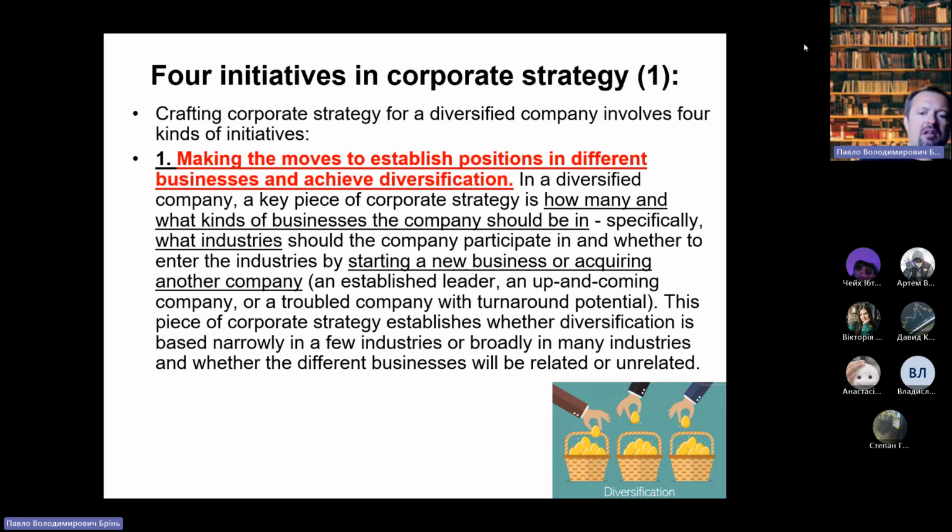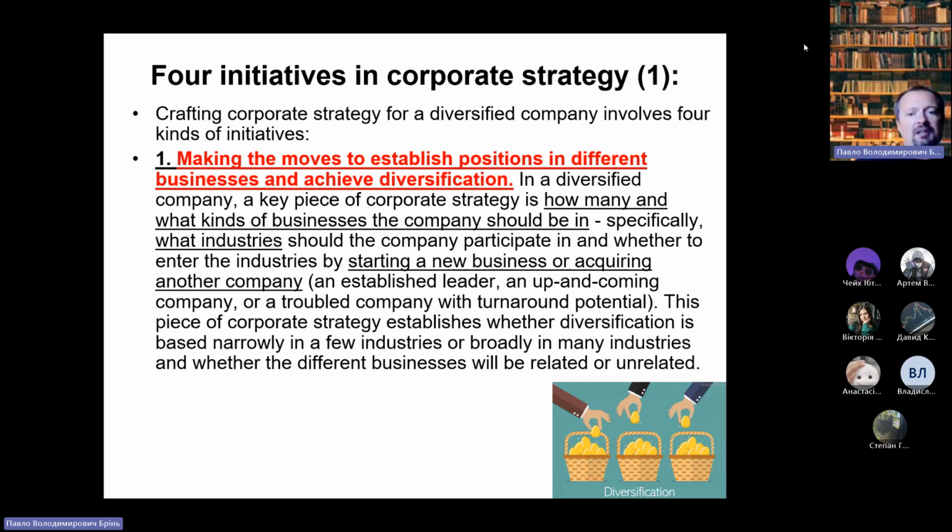It means that if something is wrong with one strategical business unit and maybe it has losses, maybe other strategical business units are profitable, and the profit from them can cover losses in these strategical business units.